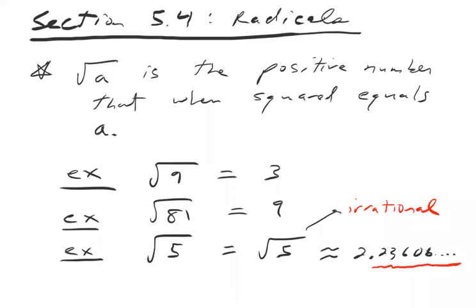A great irrational number that you guys know is, well, now you know square root of 5 is one such number, but pi is an irrational number. That's more commonly known. When we're finding areas and circumferences of circles, we use pi. That's an irrational number. It goes on forever after the decimal and has no repeating pattern. Okay, so that's just the basic definition of what a square root is.